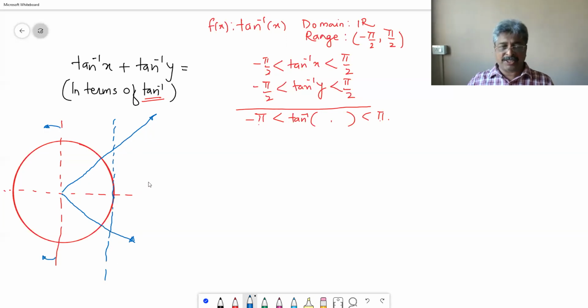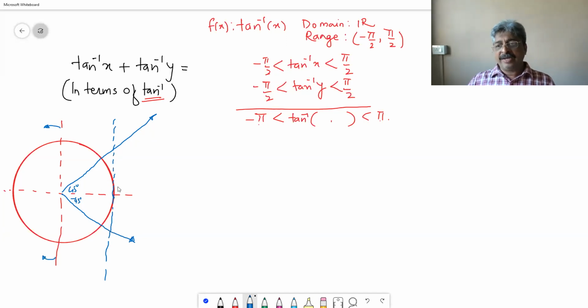That is the first thing to understand. Now when I say the terminal ray is at 45 degrees positive or minus 45 degrees negative, what am I talking about as far as x and y are concerned?